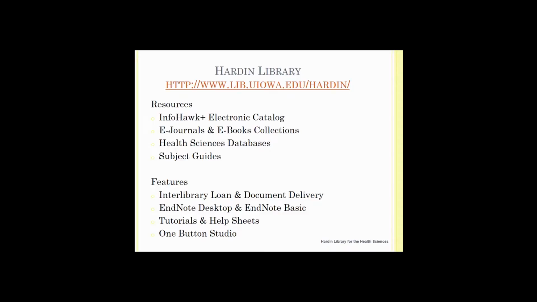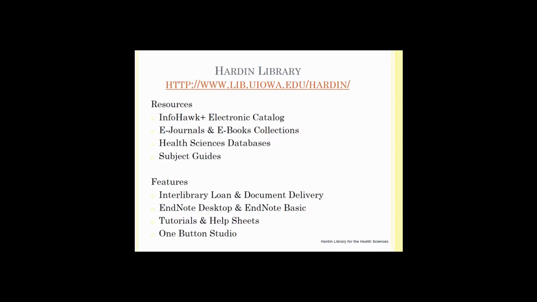The One Button Studio is located directly across from the third floor reference desk. You can make a reservation for the One Button Studio, or if no one is using it, there's a schedule on the door. You can use the studio. What it is, it is literally that, just a studio where you press a button and you can practice your presentations, whether it's for a class or for an interview or what have you.